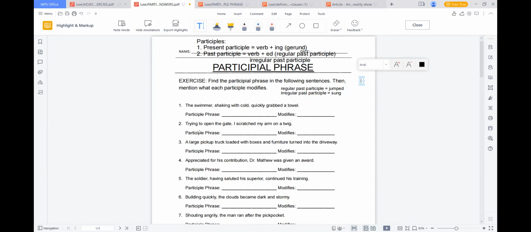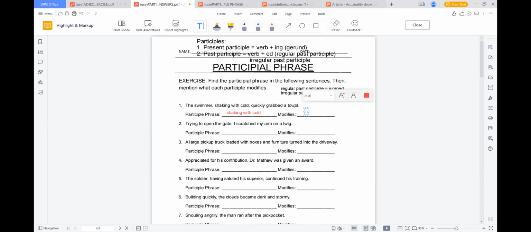So for the participle phrase here, we look for ing. Here we can take a look at shaking with cold. Let me make it bigger. Is it too small? Okay for you? Shaking with cold. So what does it modify?